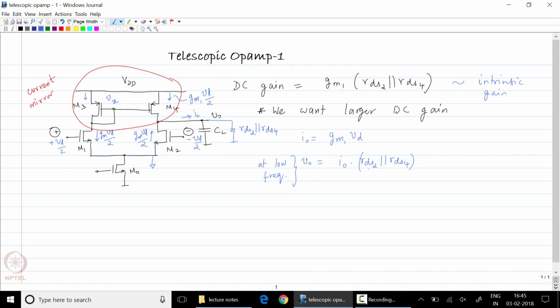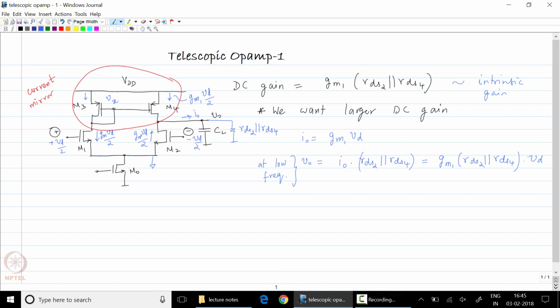So this tells us that the output current flows through the parallel impedance of M2 and M4 to create the output voltage. So this is GM1 into RDS2 parallel RDS4 times VT. Now this shows us where the gain is coming from.